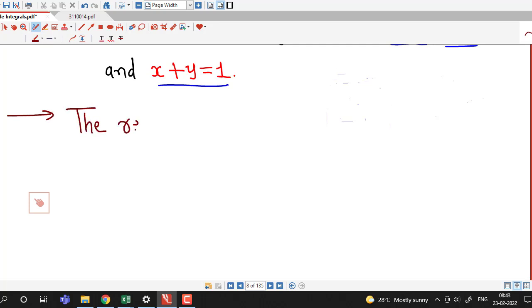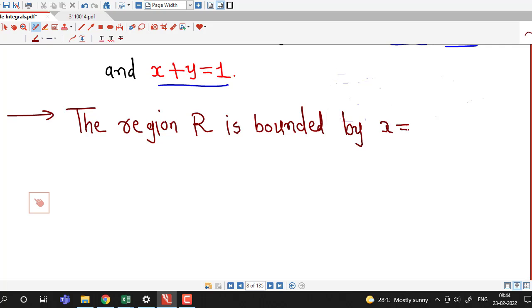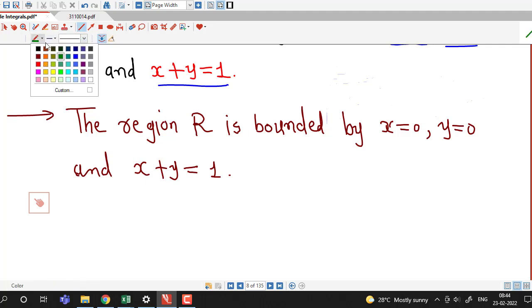The original region in x and y we will denote by R, bounded by x equal to 0, y equal to 0, and the line x plus y equal to 1. This will be a triangle and we can easily sketch it.